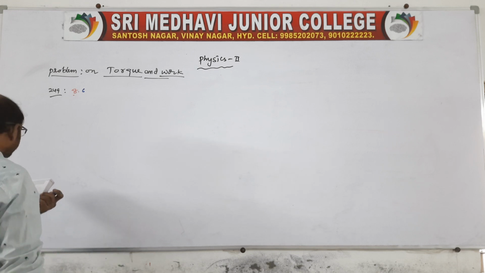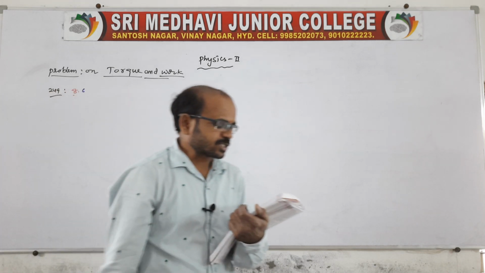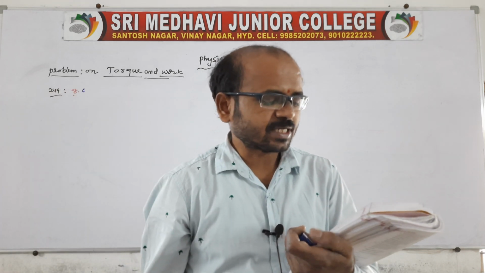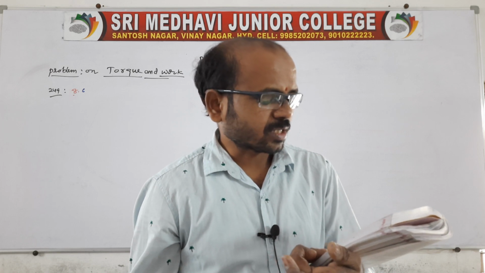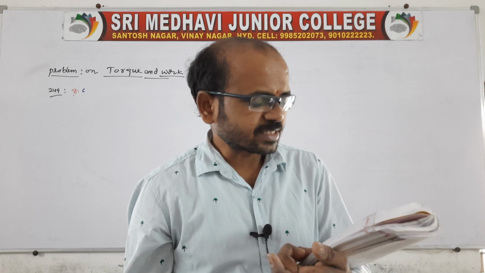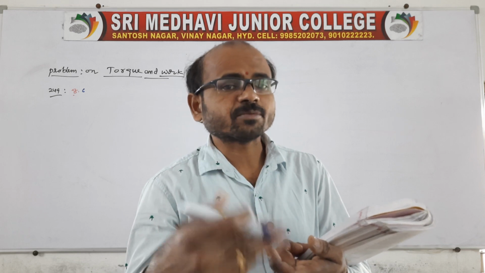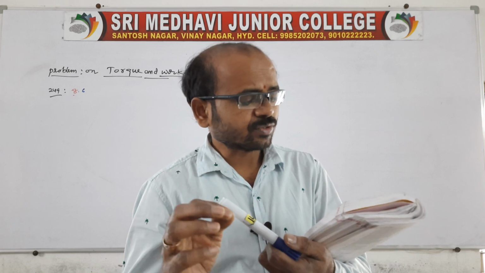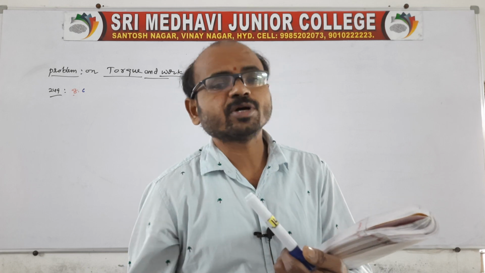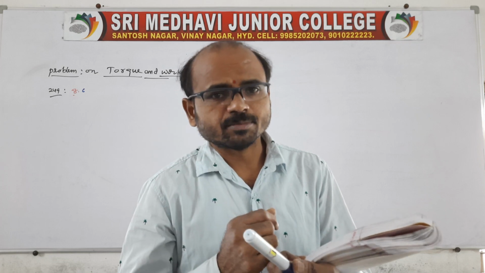If the solenoid in exercise 8.5 is free to turn about the vertical direction and a uniform horizontal magnetic field of B 0.25 Tesla is applied, what is the magnitude of torque on the solenoid when its axis makes an angle 30 degree with the direction of applied field? See, we should take the magnetic moment from 8.5, because the question says the solenoid in exercise 8.5. That means the magnetic moment we should take from the above problem 8.5.